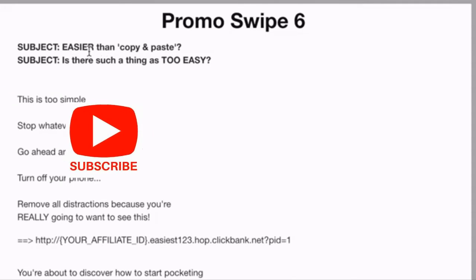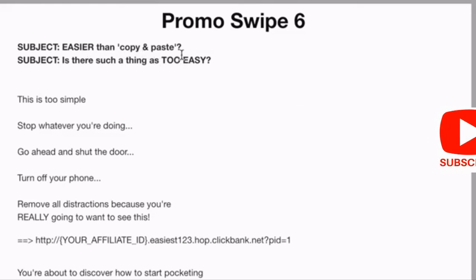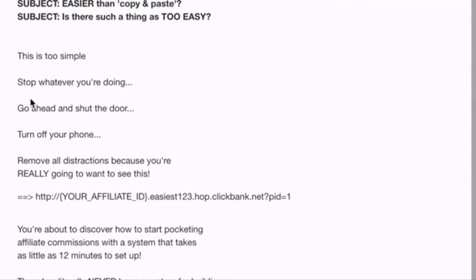What we're going to do is easier than copy and paste. I like that subject line, and then this is the actual body copy. So this is too simple. Stop whatever you're doing. Go ahead and shut the door. Turn off your phone. Remove all distractions, because you're really going to want to see this.